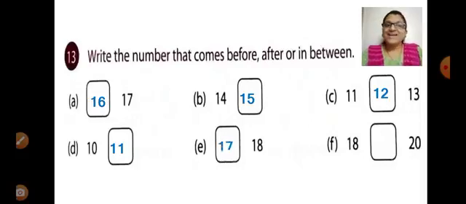And number 17 comes before number 18. Next, 18 dash 20. Here number 19 comes between 18 and 20. So you have to complete this, children, by writing the correct numbers in the boxes. Let us move ahead.